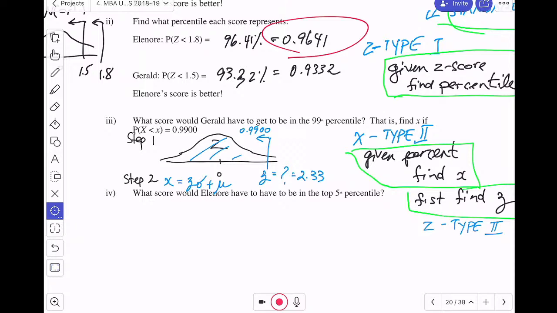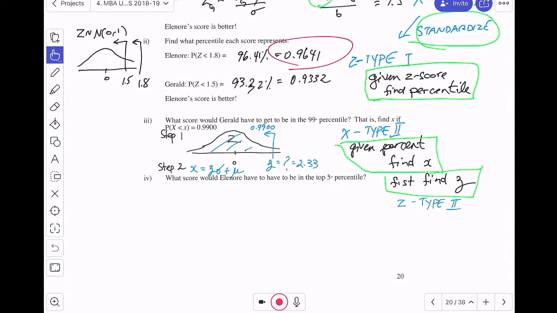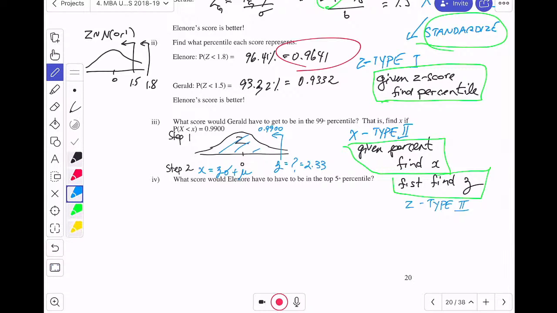Let's put these values in. I'm really out of space, so I guess I can do it on the side here.